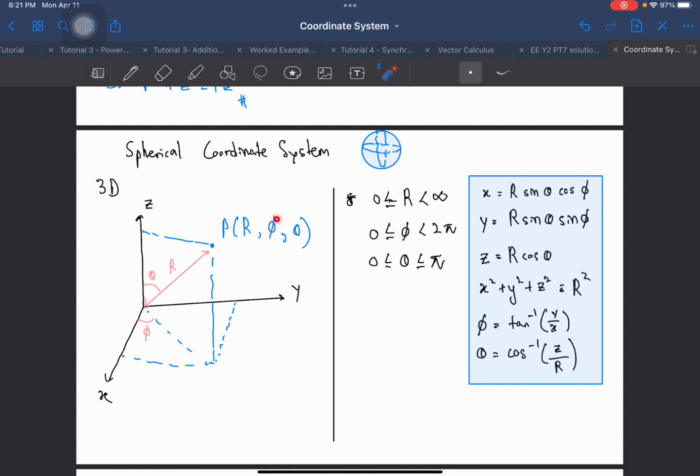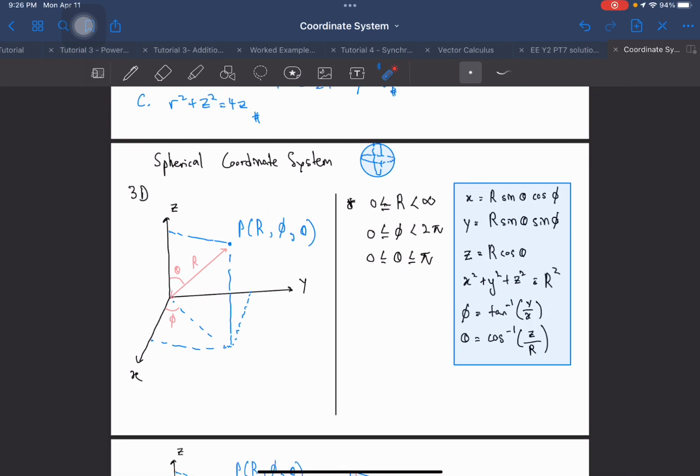The phi is the same as in the polar coordinate system. If you look at the limits for r, phi, and theta, r and phi are the same as the polar coordinate system, and theta is between 0 and 180 degrees, as it is in between this point and this point.